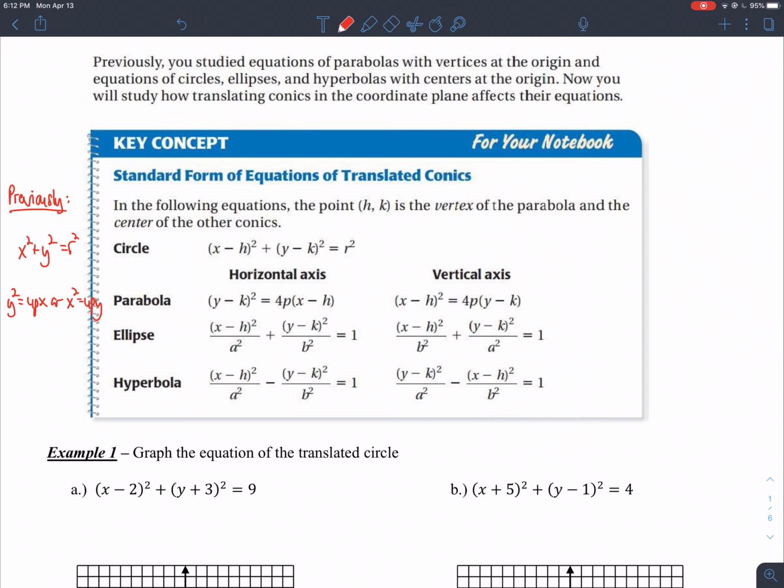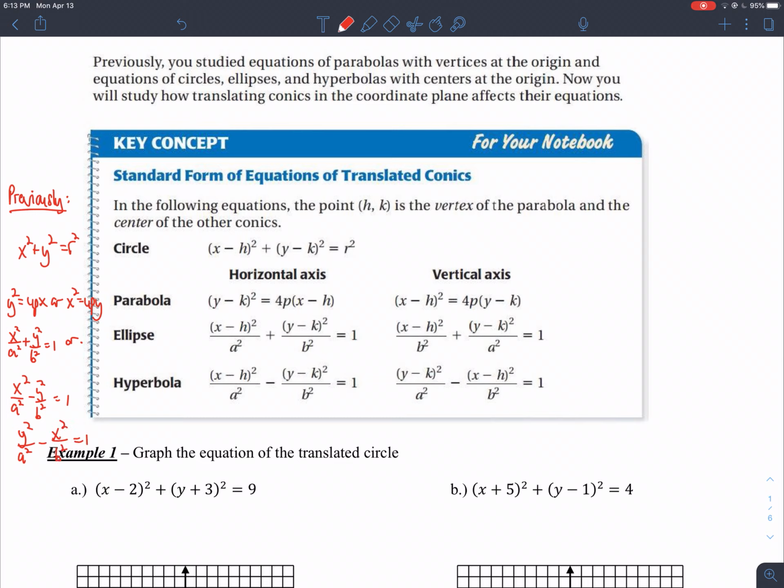And then an ellipse also had two forms, x squared over a squared plus y squared over b squared equals 1, or the same thing except the a was under the y and the b was under the x. And then hyperbola, also a similar idea. We had x squared over a squared minus y squared over b squared equals 1, or we had y squared over a squared minus x squared over b squared equals 1.